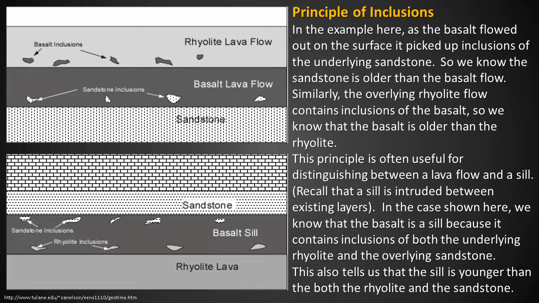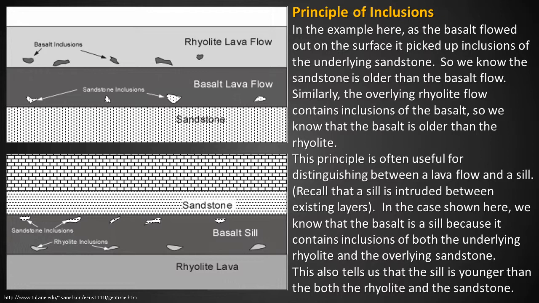Recall that a sill is intruded between existing layers, much like a dike, although a sill is horizontal and a dike is vertical. In this case shown here, we know that the basalt is a sill because it contains inclusions of both the underlying rhyolite and the overlying sandstone.